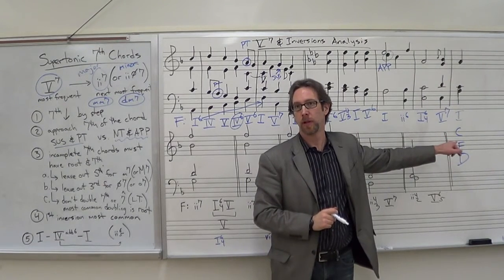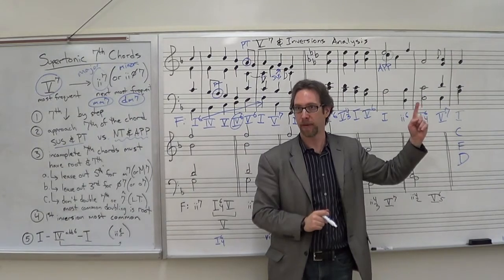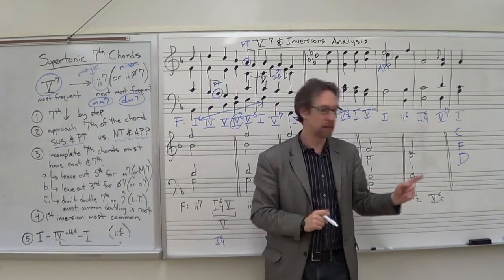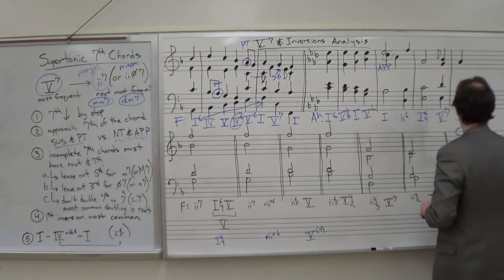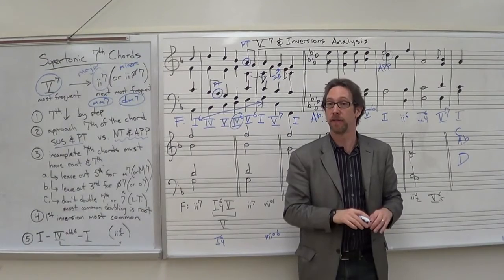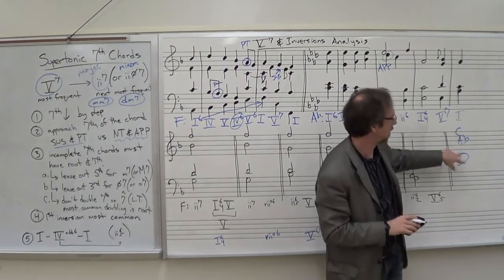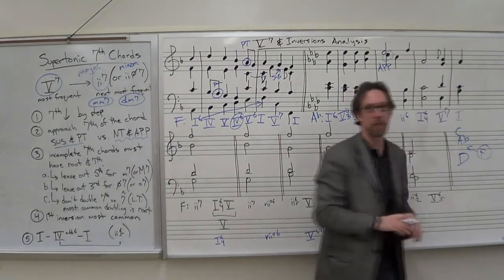Your ear is going to assume a perfect 5th unless told otherwise. So the only way to tell it otherwise would be to have an A flat in there and leave out the F. As soon as you have this, now your ear is going to start assuming the F. That will become assumed.